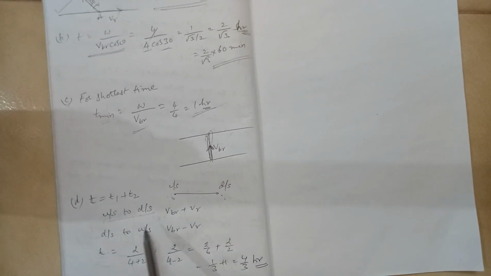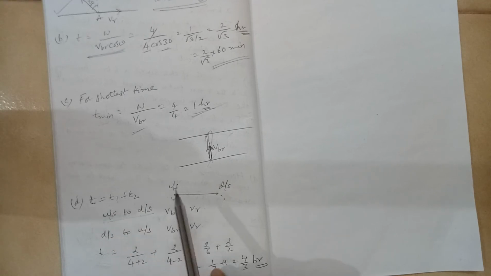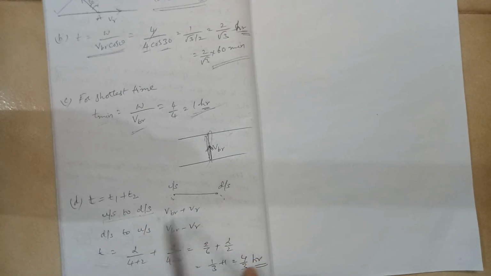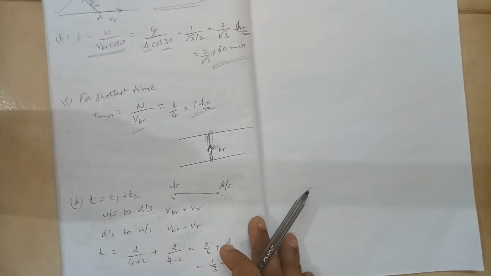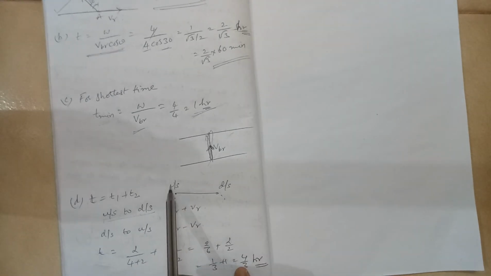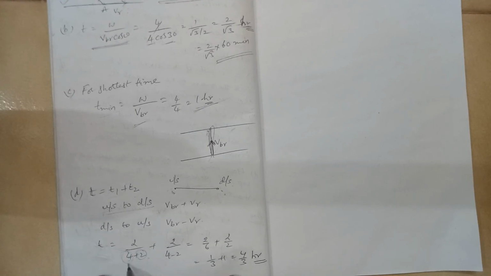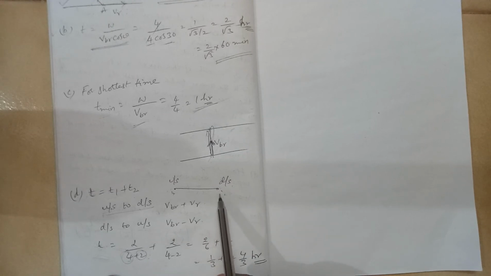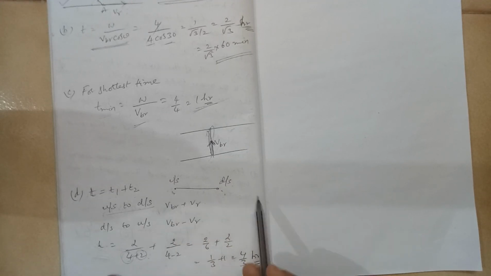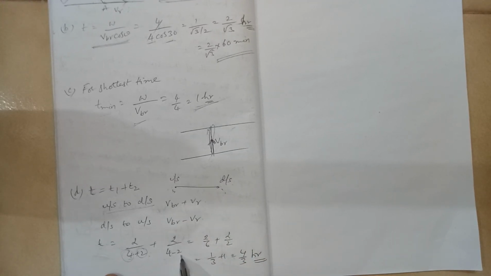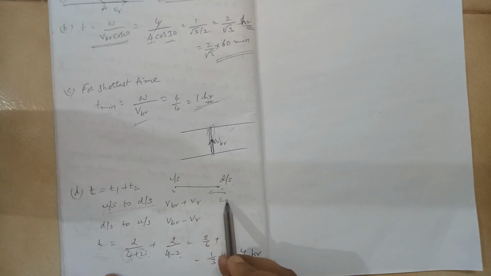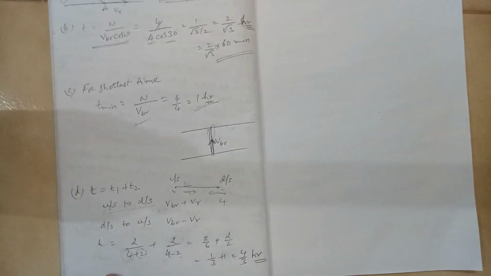So basically you need to find T1. T1 will be distance by speed. So distance is 2 kilometers given. What will be the speed? When you are going from upstream to downstream, it will be 4 plus 2. This is the boat speed and this is the river speed. The river speed will be helping. And going from downstream to upstream, it will be 2 divided by 4 minus 2. He will be going 4 like this and 2 river is coming like this.